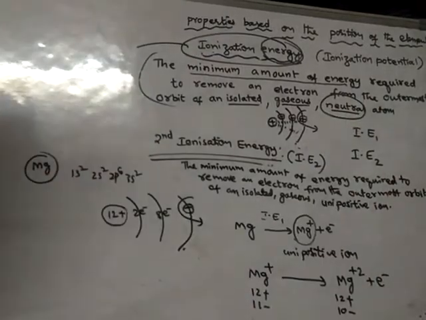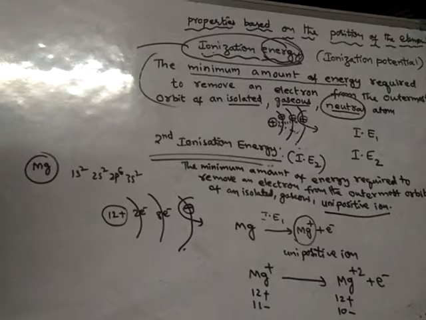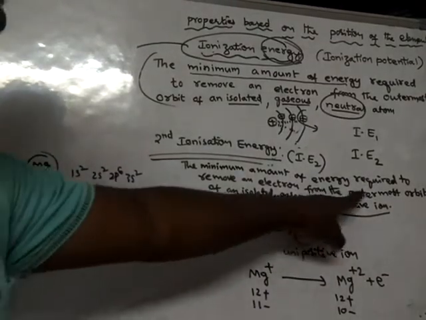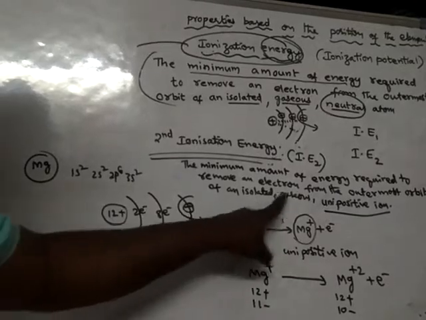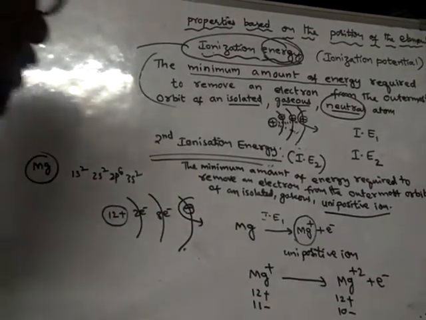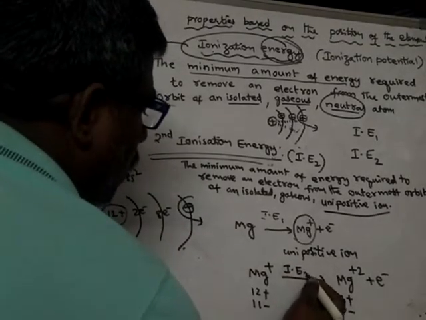So the definition for second ionization energy is: the minimum amount of energy required to remove an electron from the outermost orbit of an isolated gaseous unipositive ion. Because now it is second ionization energy, IE2.